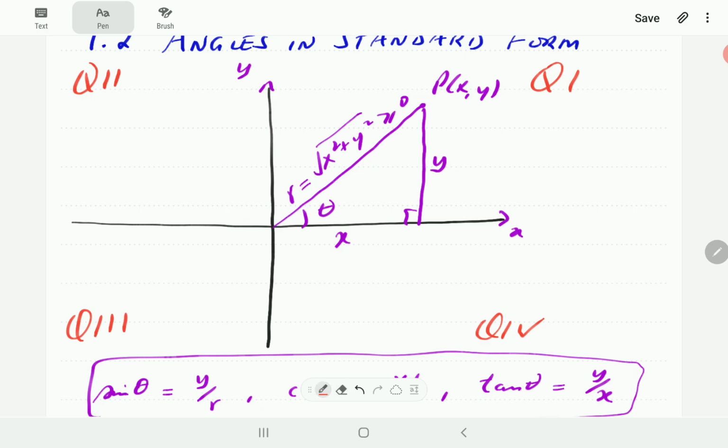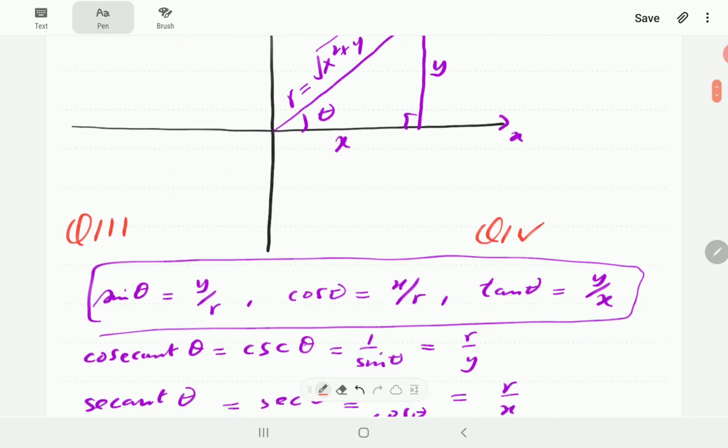In the first quadrant, x is positive and y is positive. In the second quadrant, x is negative and y is positive. In the third quadrant, both x and y are negative. In the fourth quadrant, x is positive and y is negative.